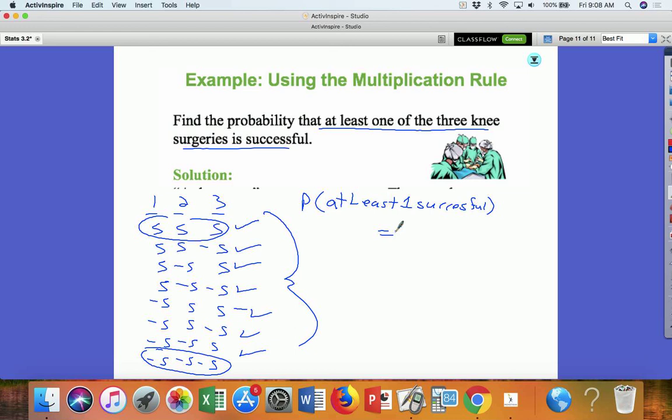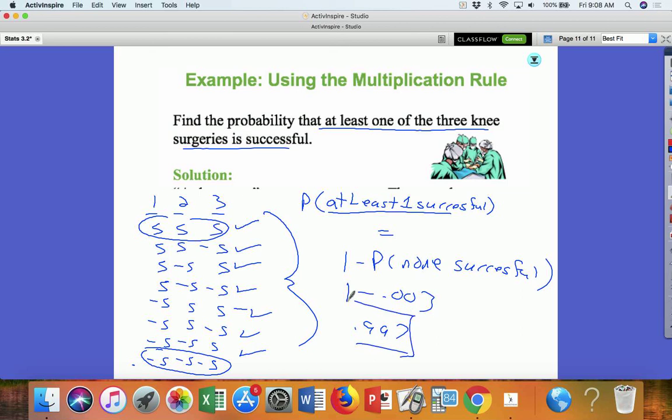Yep. Is all 3 of them going well? At least 1? So what's the only thing? None of them going well, which is this guy here. So this and none successful are complementary events. And we know this. So now we know the chances of at least 1 going well.